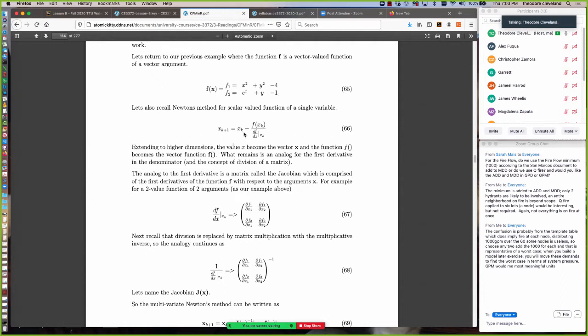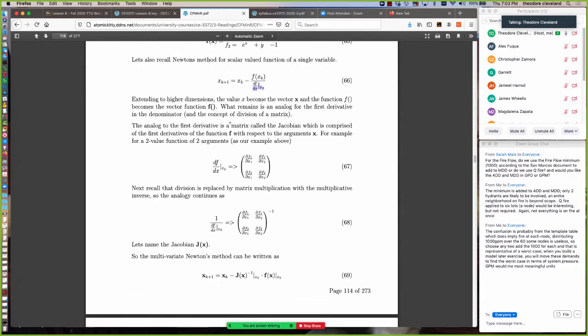So what we need is an analog for the derivative, when we go to vector valued functions, and we need an analog for division of a vector by a matrix.